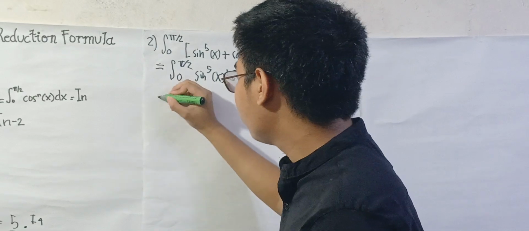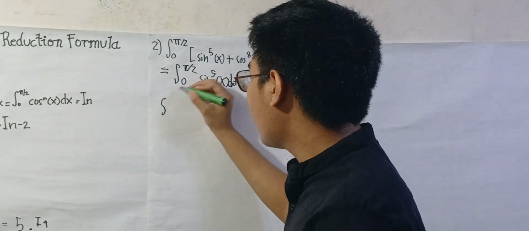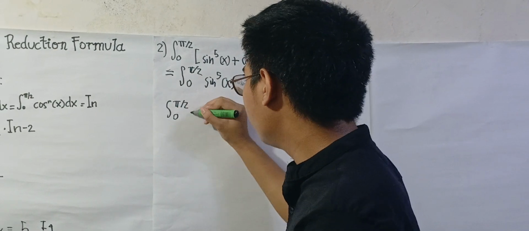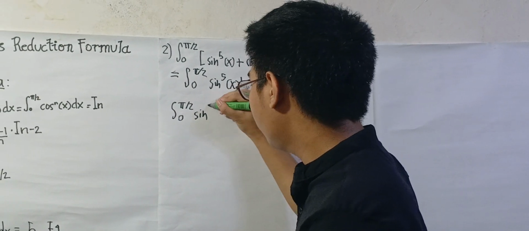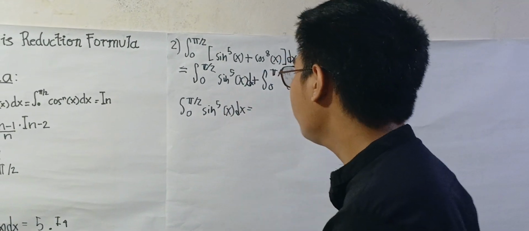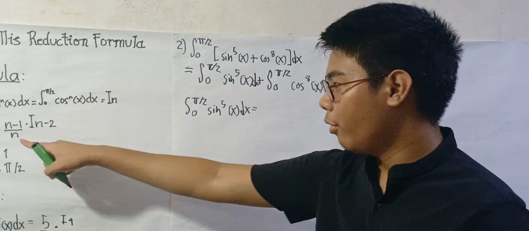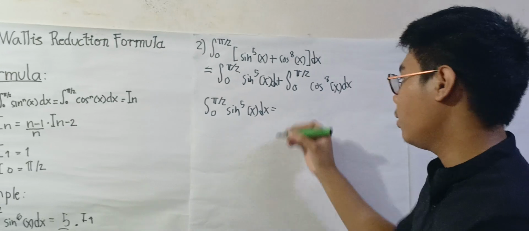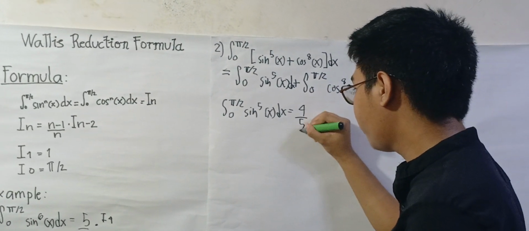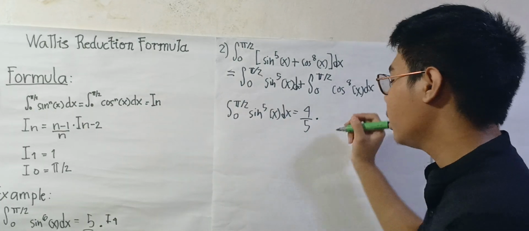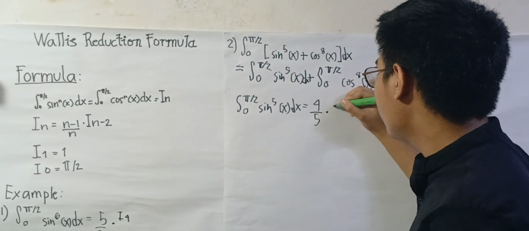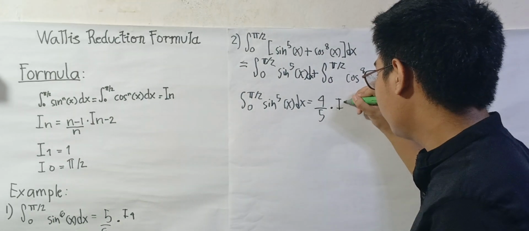The first, the integral from 0 to pi over 2 of sine 5x dx is equal to, following the formula, 5 minus 1 is 4 over 5 times I(n minus 2). It is I3.